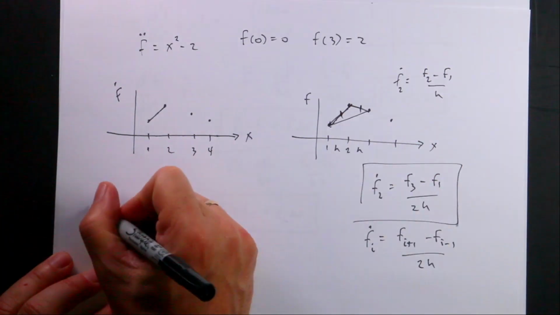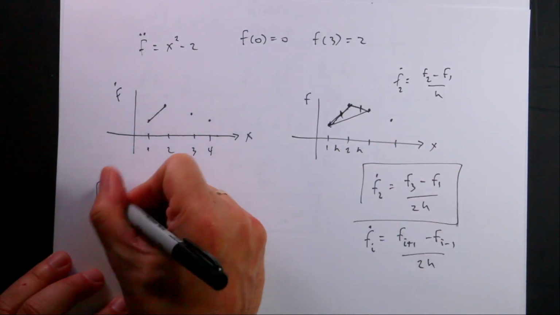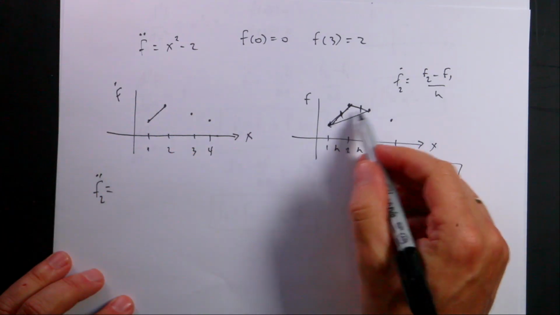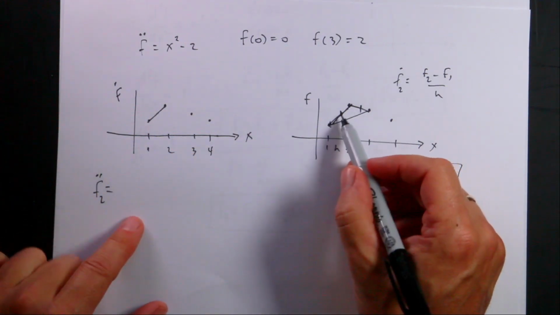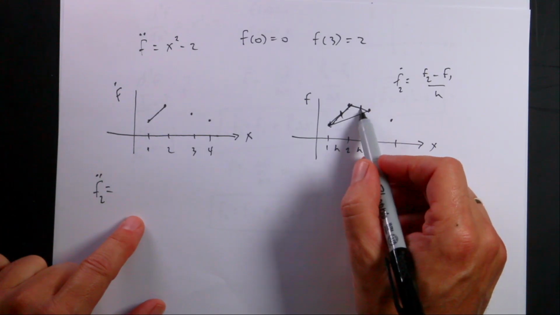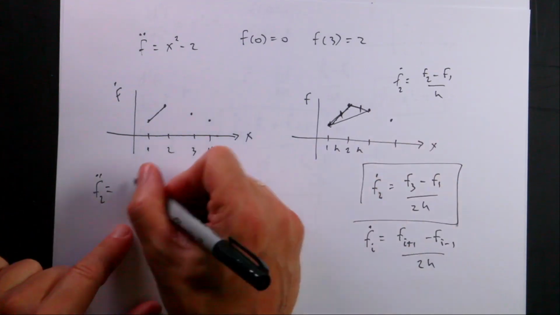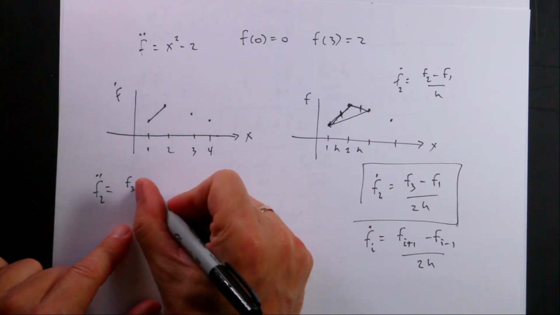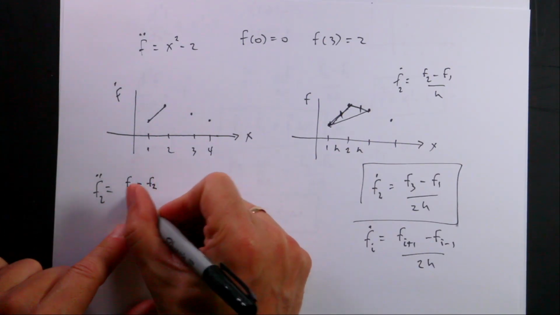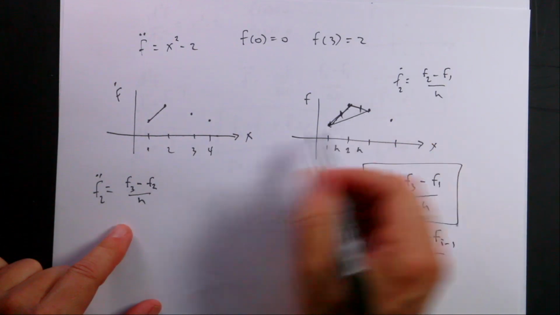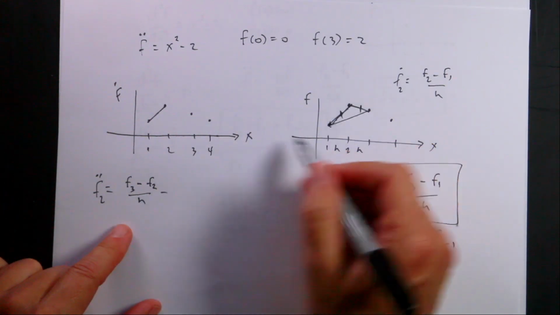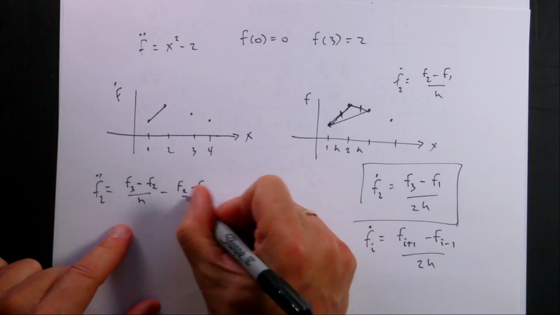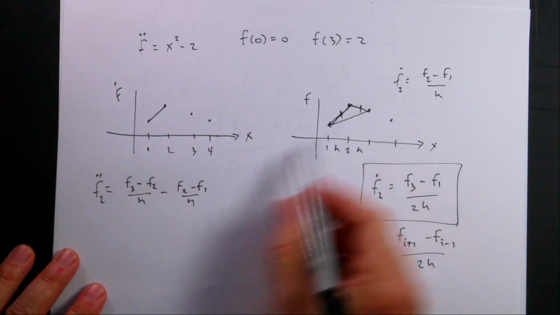So let's say f2 double dot is going to be the change in the derivatives. That's going to be this slope, which is equal to f3 minus f2 all over h, because I'm just using one interval, minus this slope, which is f2 minus f1 over h, and all of that divided by h.